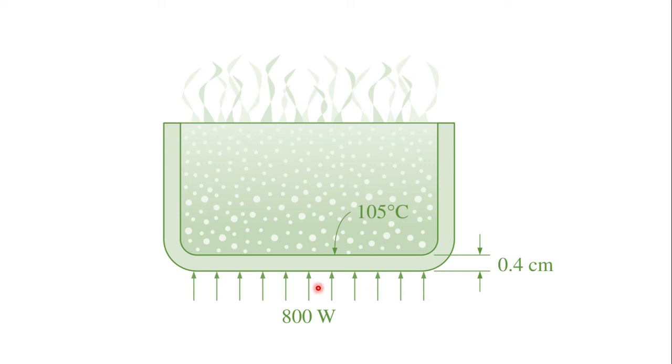This is actually a pan and heat is being provided from the bottom, and the heat transfer rate is 800 watts, and the diameter of the bottom of this pan is 20 centimeters and the thickness is 0.4 centimeters, and the inner surface temperature of this pan is 105 degrees centigrade. You have to determine the outer temperature of this pan.